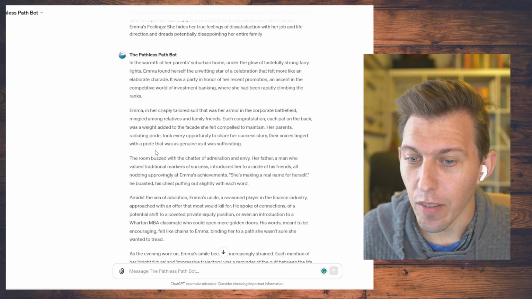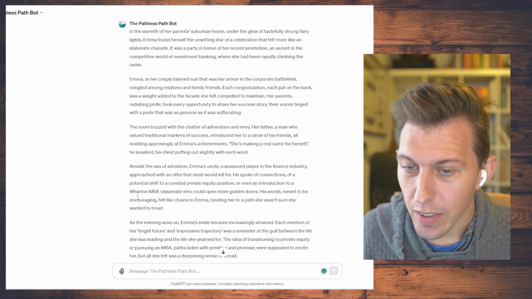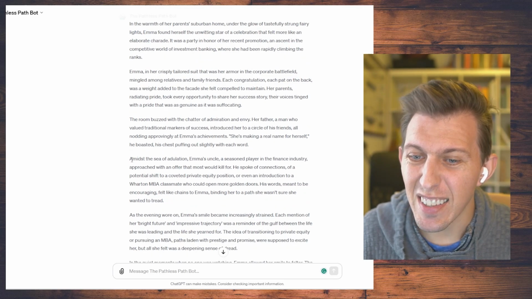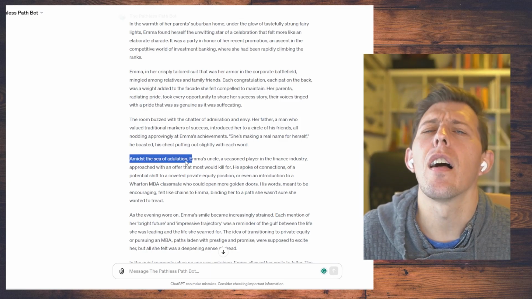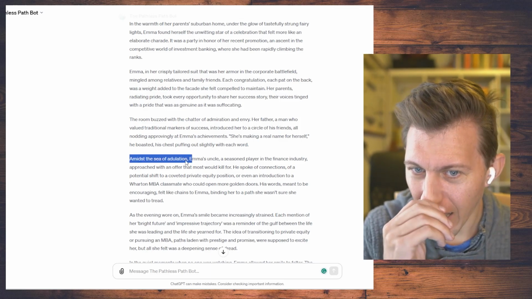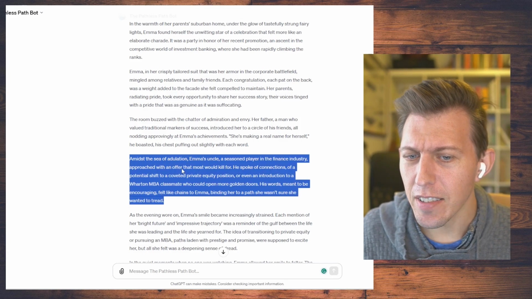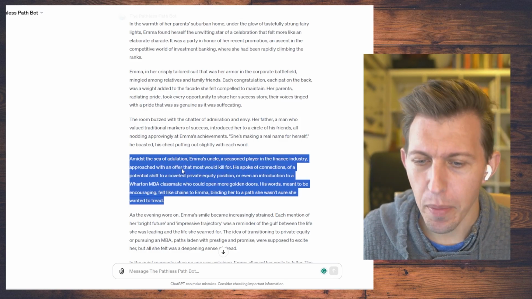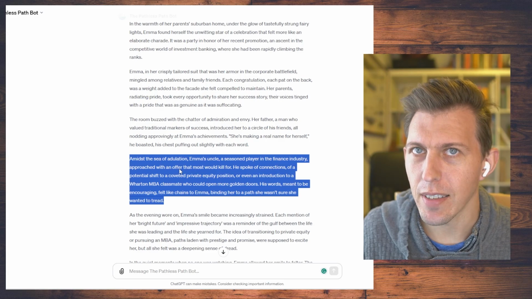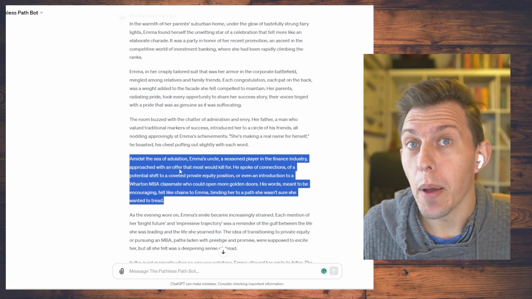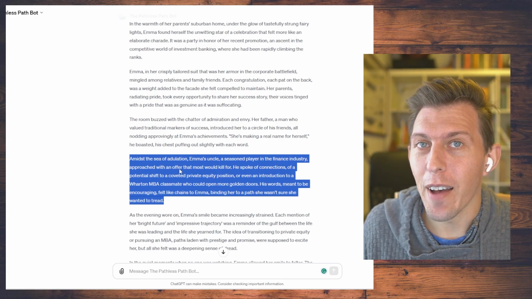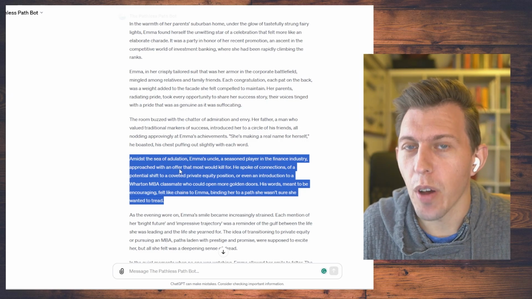And I didn't love them. Like here, amidst the sea of adulation, it's like, oh, so wordy. And it's a bit over the top and very embellished with language, not my style. So by me getting angry at the draft, I'm able to then say, okay, here's how I want it to write.